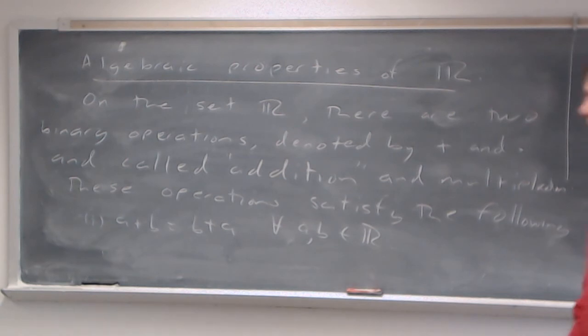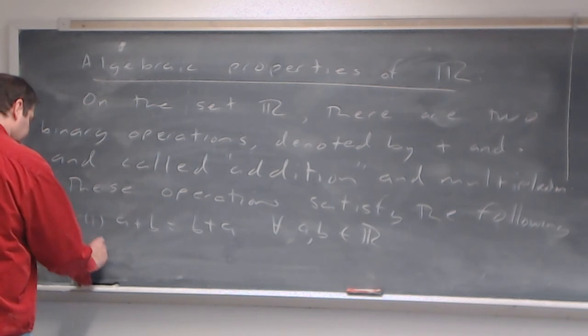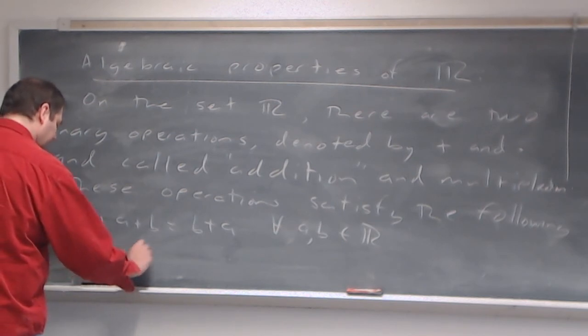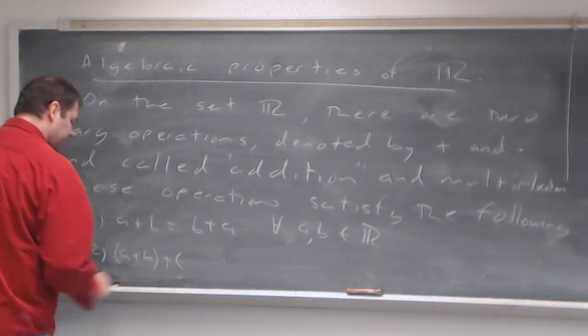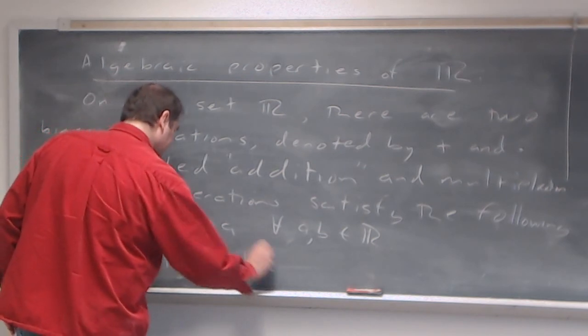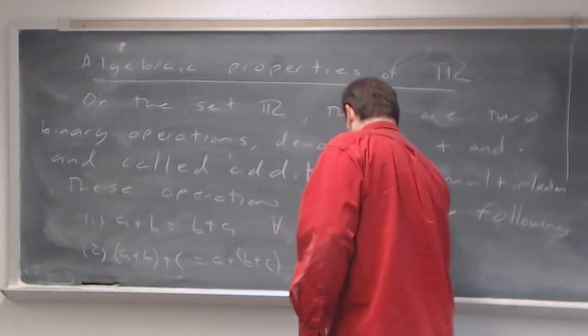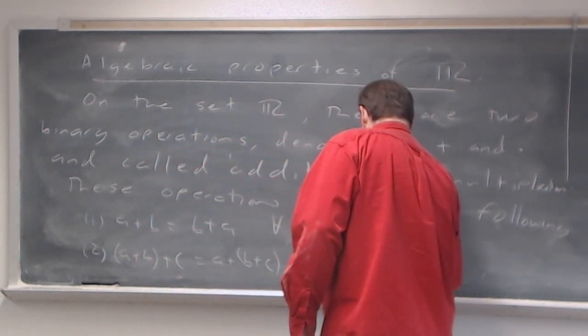Then there is the associative property. So A plus B grouped together, then added to C, is the same thing as A plus the quantity B plus C, where B and C are first added together. And that's true for all A, B, and C in R.